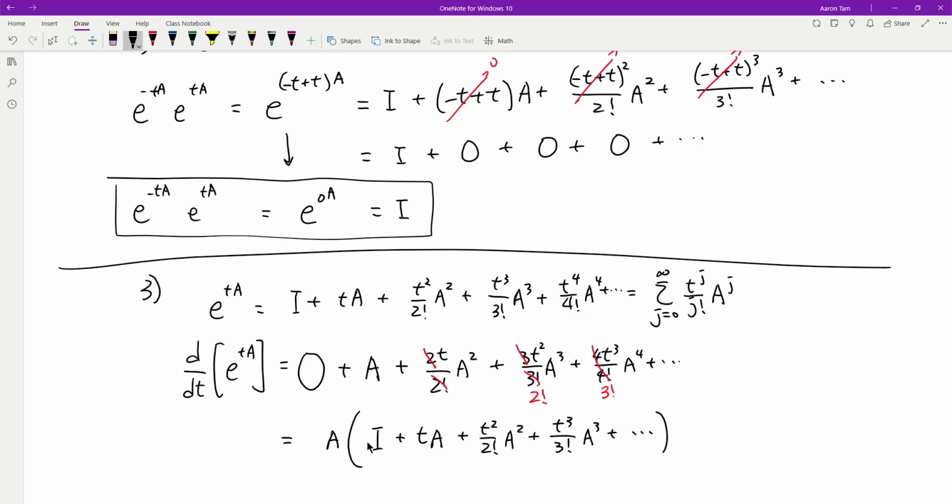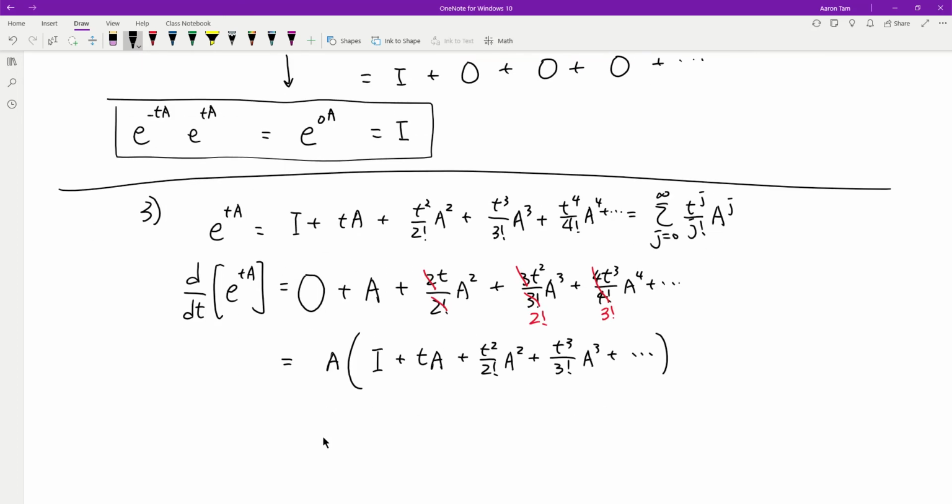Notice that this summation is exactly the same as this summation, except that it's one term over with an A in front. So therefore, this would come out to be A e to the tA, exactly what we want to prove.